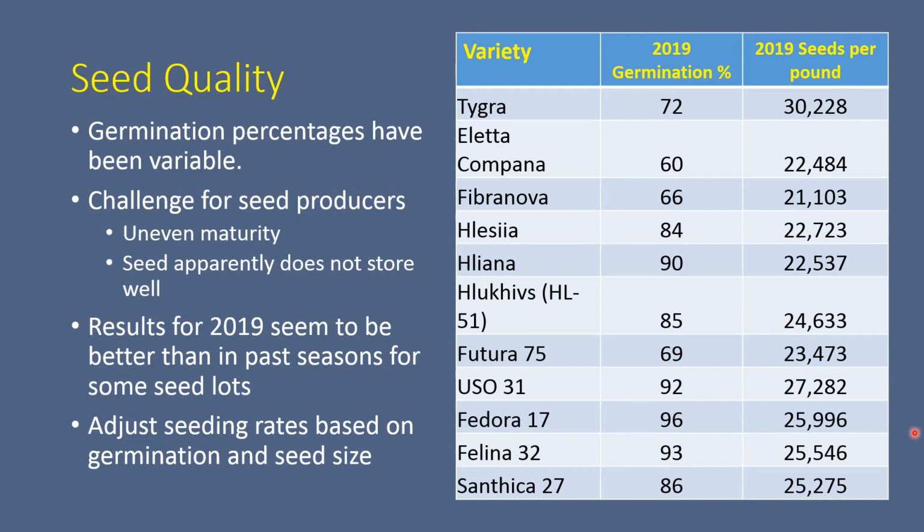And from what we've seen, even under proper storage conditions, the seed doesn't store well for long periods of time, and slowly over time that germination is going to go down. Our results in 2019 seem to be a little bit better, but we still have quite a range, as you can see, from the lower 60s for some seed lots to as high as 93 to 96% germination for some other seed lots.